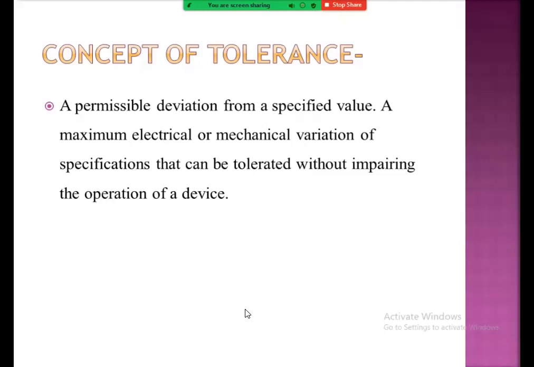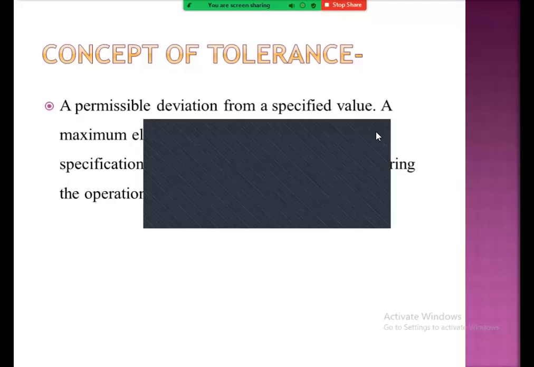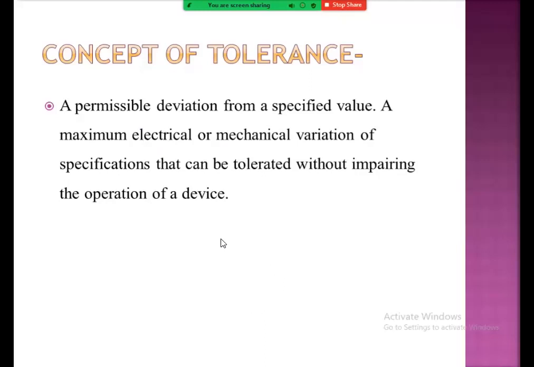At every time the frequency may not be 50 hertz, and at every time the voltage may not be the rated voltage. There may be some changes, to smaller or higher values. So the deviations or variations should be within the permissible limits given by the Indian Standard Institution.